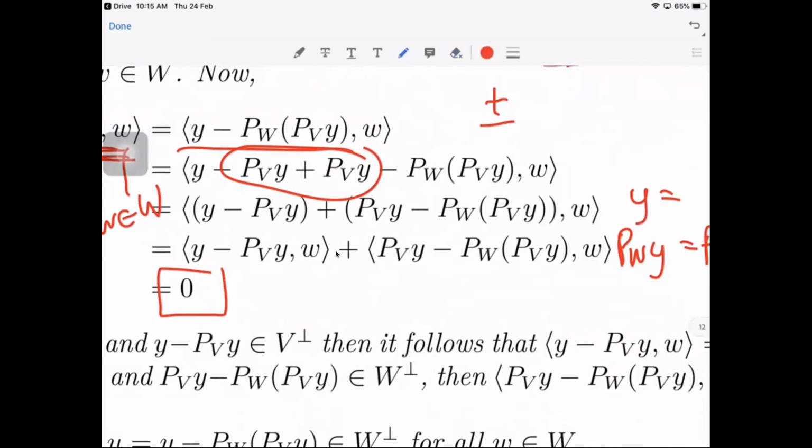Okay. So asa ganin ni? This is in W. Correct? Kini asa man ni?